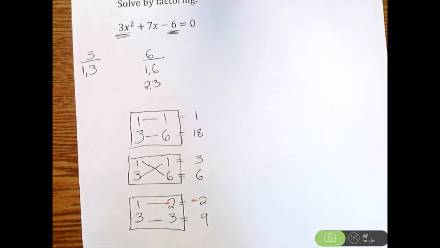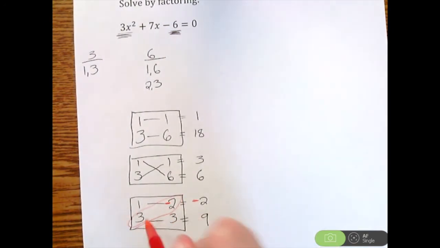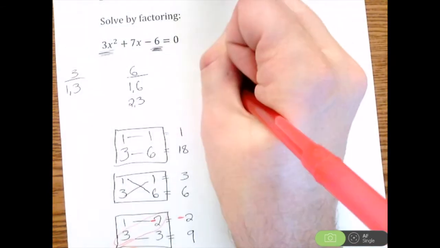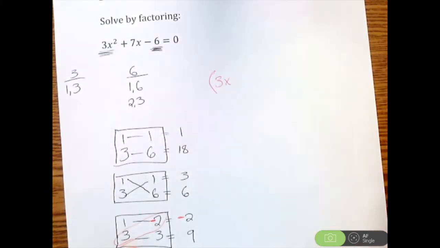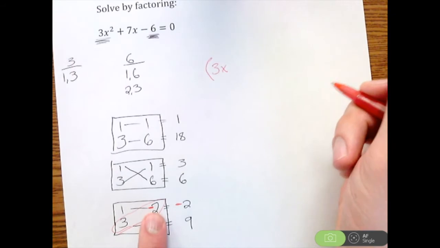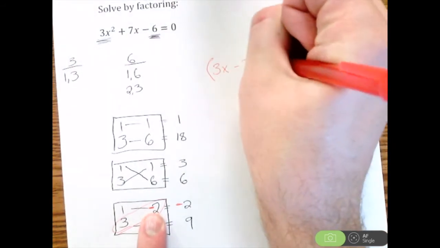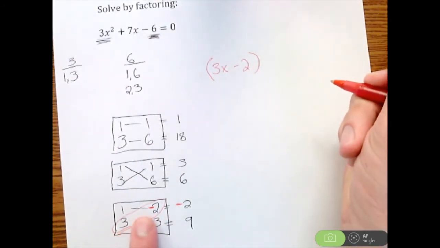So my factors, believe it or not, are in the box. If I use the straight across method for coming up with those numbers, my factors are going to be the opposite, which is the crisscross. On the left side, I need a 3, and remember x's come first. On the right side, I need a minus 2. So one of my factors is 3x minus 2.